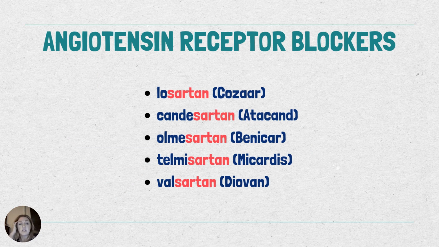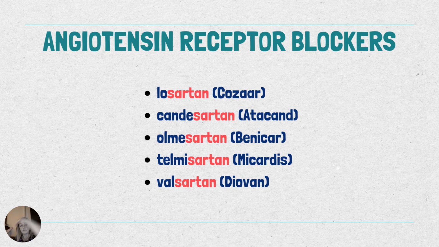Next, we have angiotensin receptor blockers, and these work in a different spot on the same pathway. So if ACE inhibitors blocked the production of angiotensin 2, ARBs, or angiotensin receptor blockers, block the angiotensin 2 from hitting the receptor.